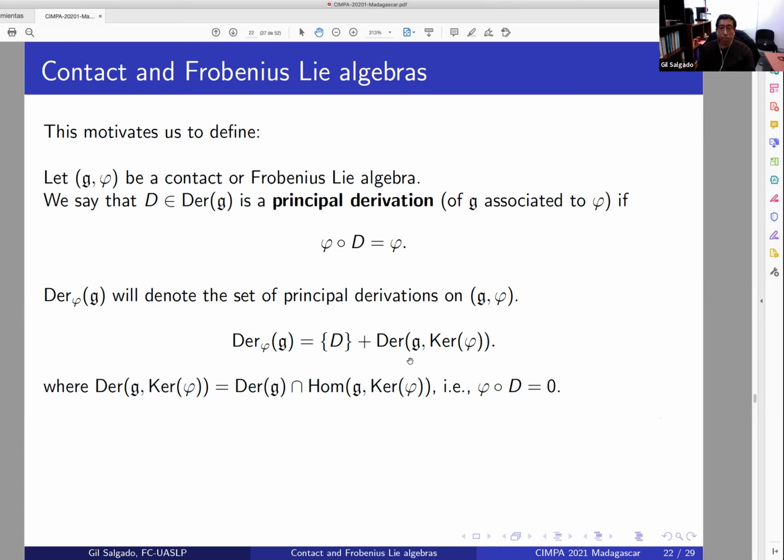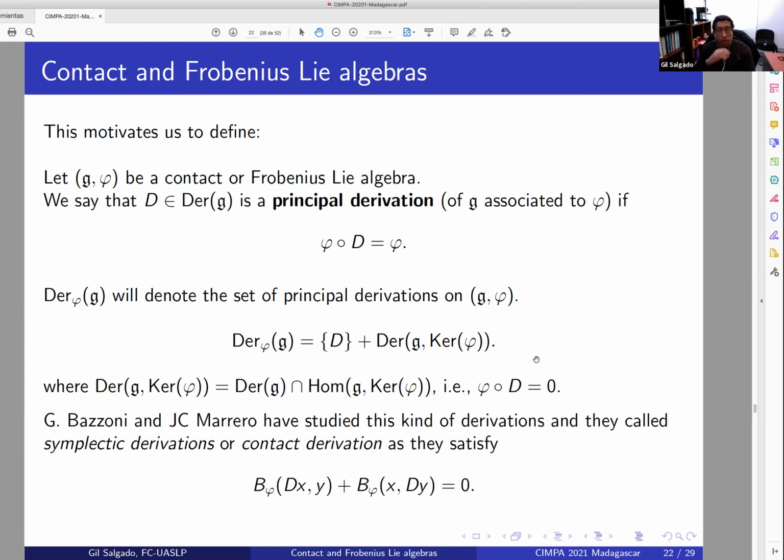Okay, why do we want to study principal derivations? Another note. Two or three years ago, Giovanni Bazzoni and Juan Carlos Marrero studied this kind of derivations, and they called them symplectic derivations or contact derivations, because this equation is the same as this equation.